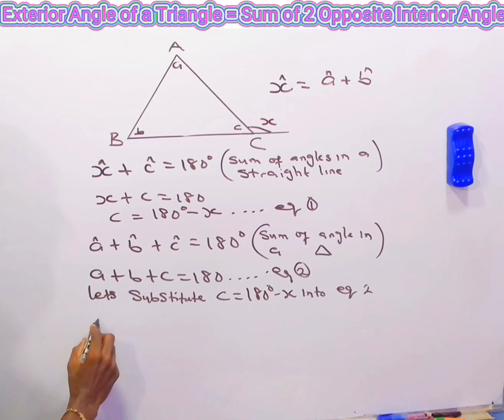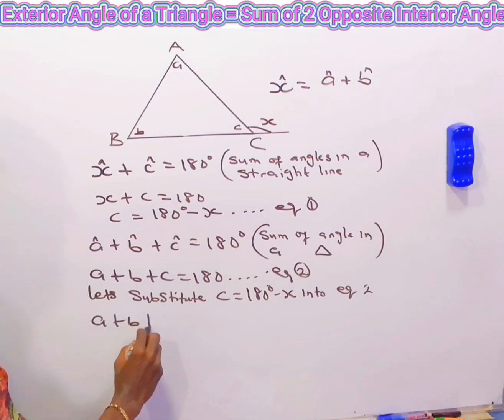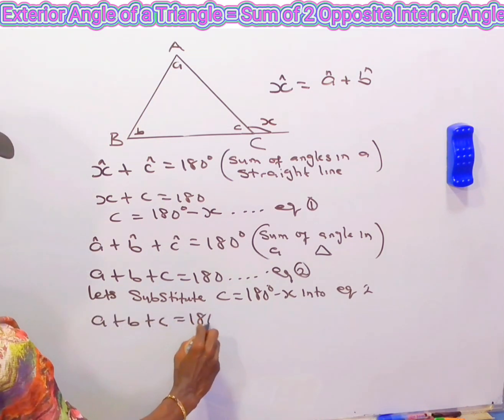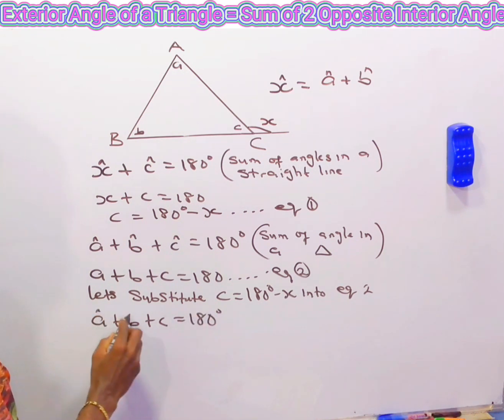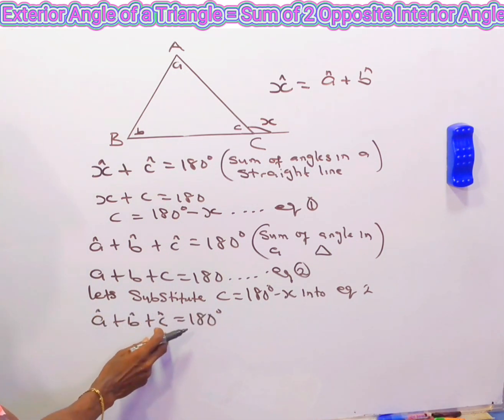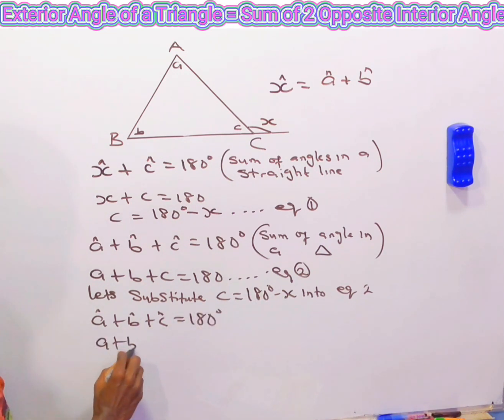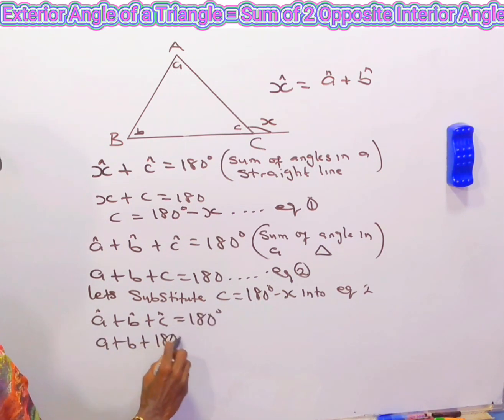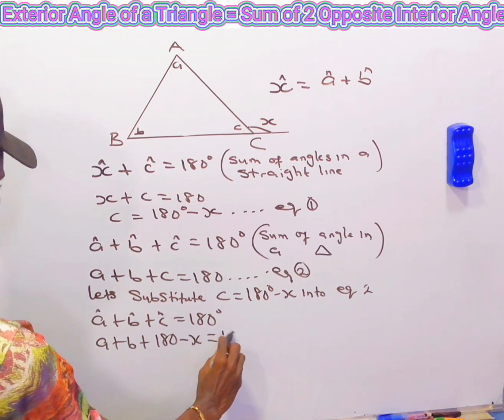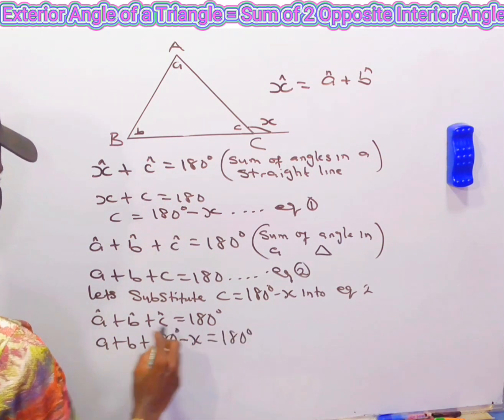And equation 2 is simply A plus B plus C equals 180 degrees, where C is 180 minus X. We'll have A plus B plus 180 minus X equals 180 degrees.